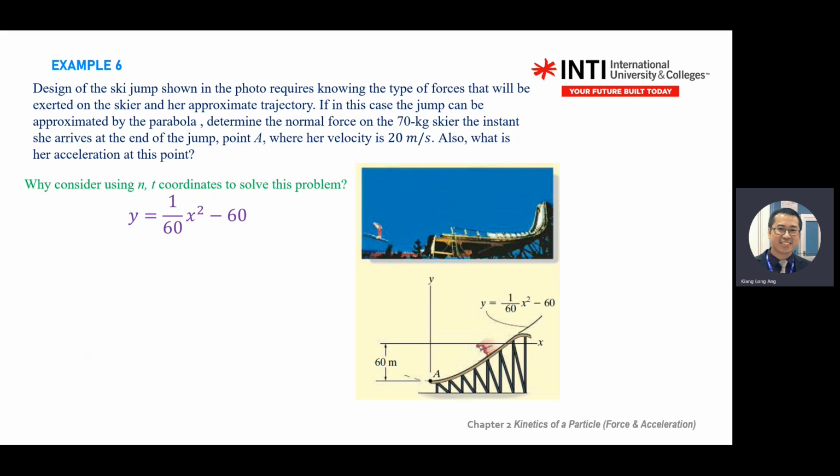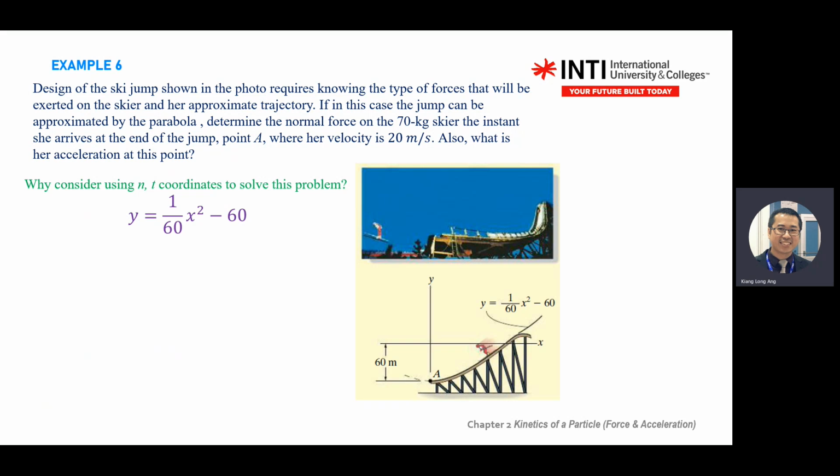Why upwards? The curve is pointing inside, toward the center of the curve. So N is pointing upward. Where is the T? Normal, tangent.